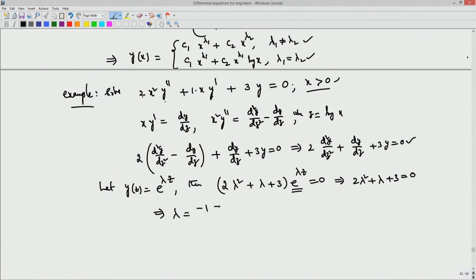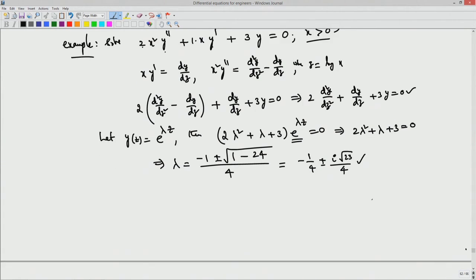This will give me lambda as minus 1 plus or minus the square root of minus 23, divided by 4, that is 2a. So this will be minus 1 by 4 plus or minus i times root 23 by 4.